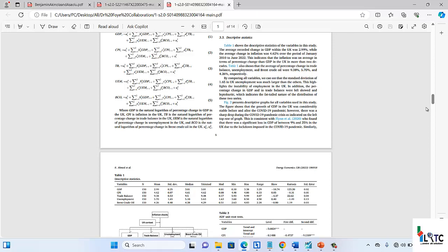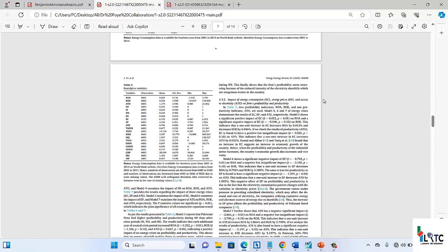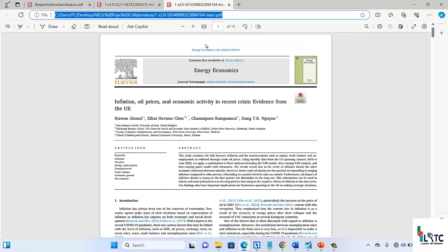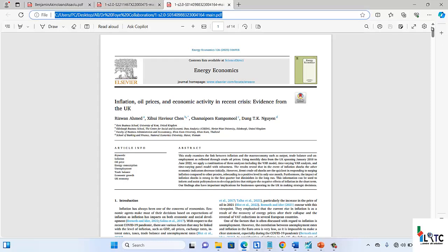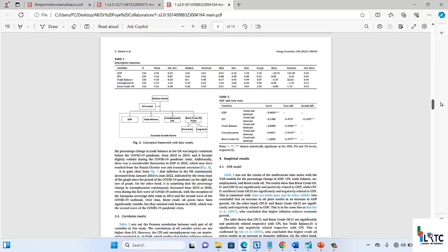Now the third paper I will take a look at is inflation, oil prices, and economic activities in recent crisis, evidence from the UK. You can get these two papers on ScienceDirect, this one in Energy Economics, and this one in Energy Strategy Reviews. Now look at the third paper. Let us see how many statistics they presented.